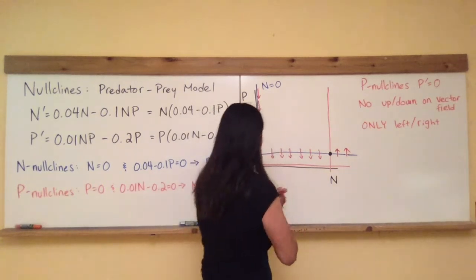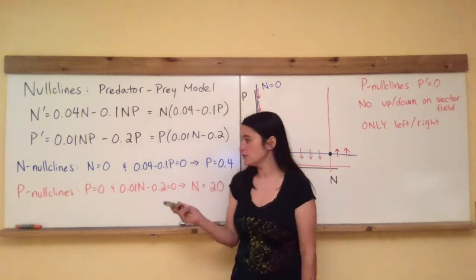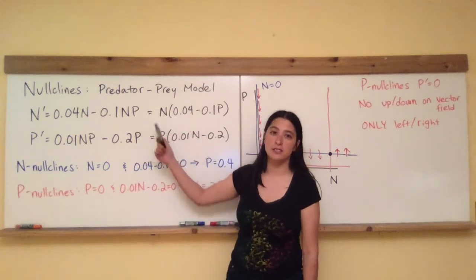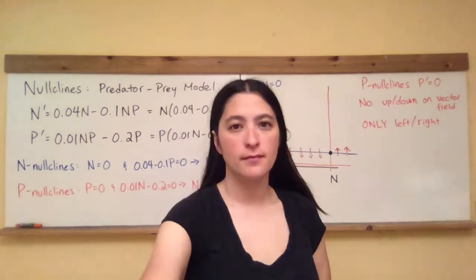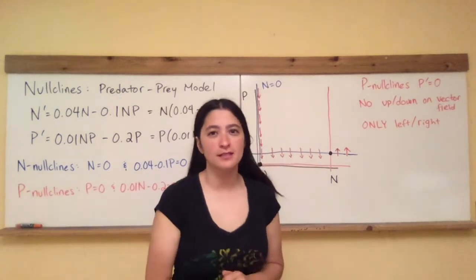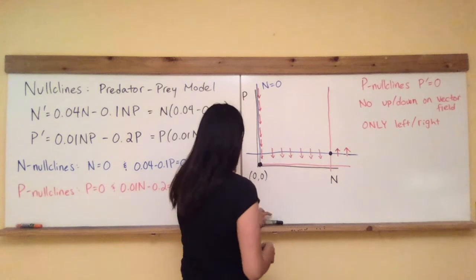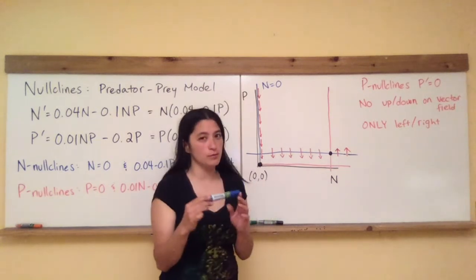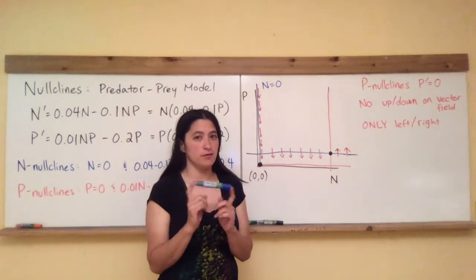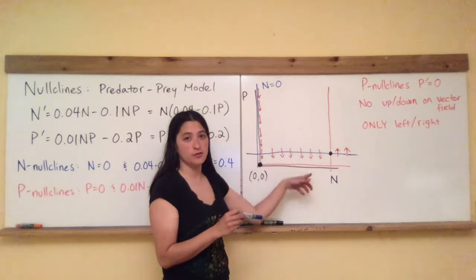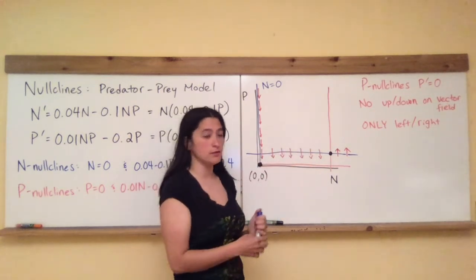And so we're going to analyze each of these red nullclines one at a time, but we're going to be using this equation as opposed to that equation. Okay, so let's get started with analyzing what the vector field looks like on the red lines by using the blue pen to represent left and right behavior, because there is no up and down behavior on these red lines because they're the p nullclines.